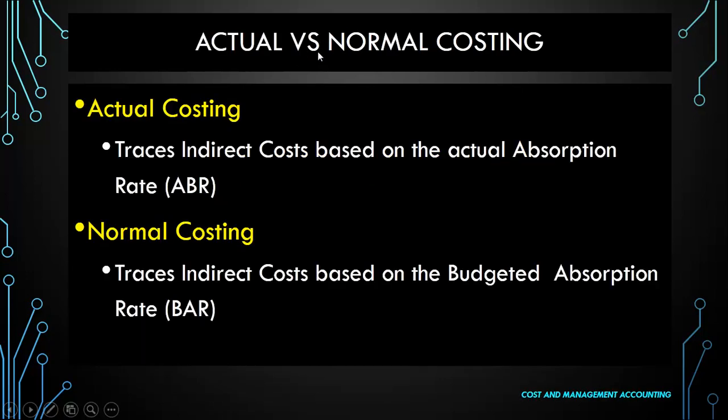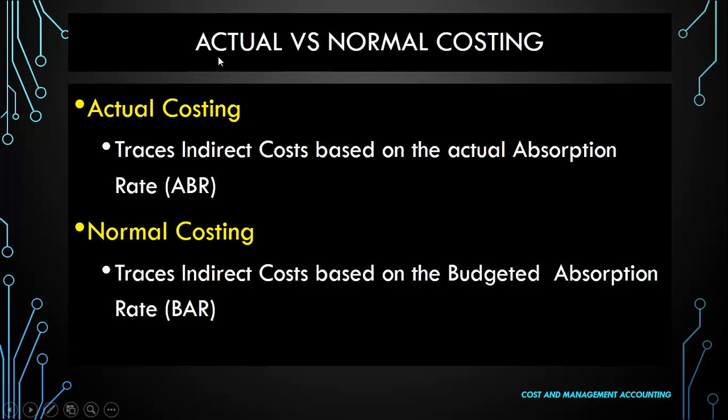So we know that in actual costing, the indirect costs are allocated or traced or absorbed by using the actual absorption rate, whereas in normal costing, the indirect costs or overheads are allocated or apportioned on the basis of the budgeted absorption rate.